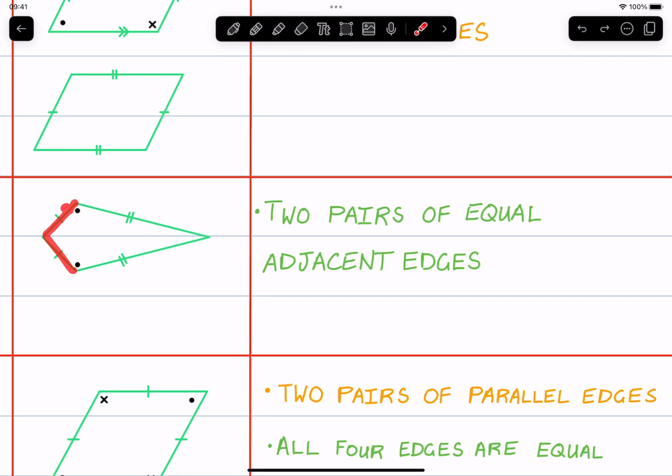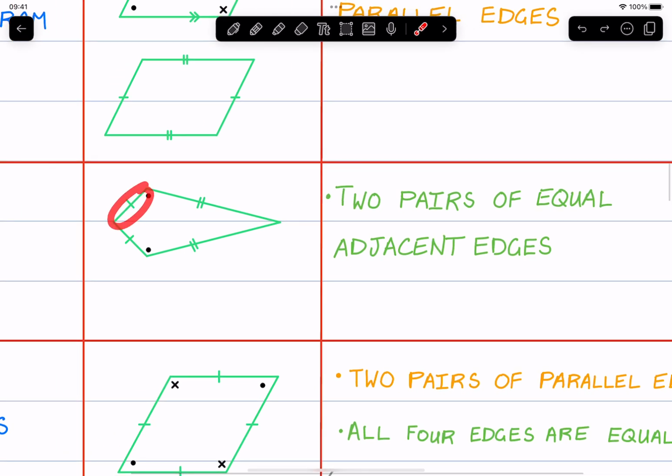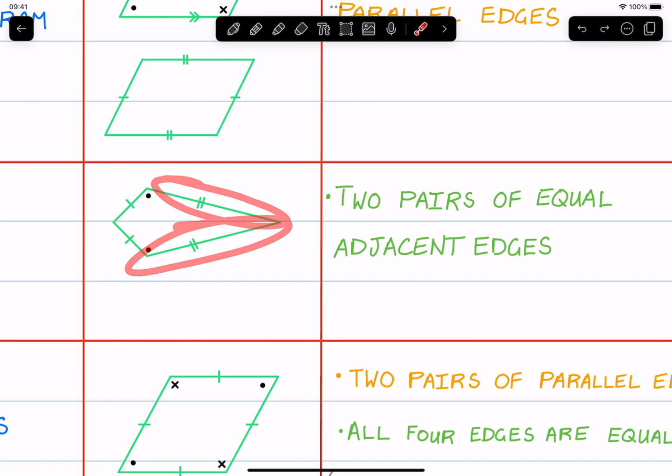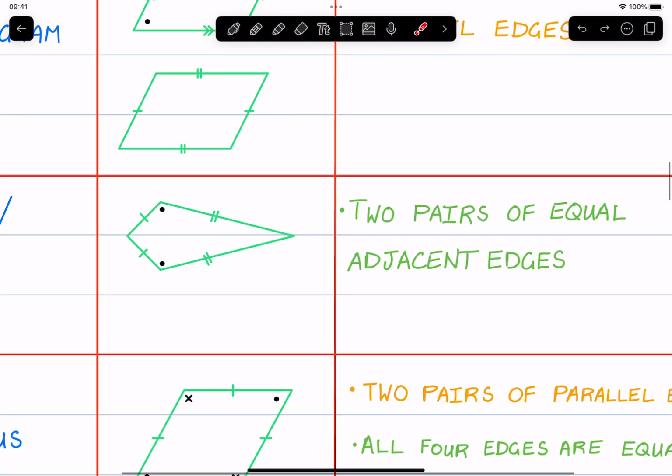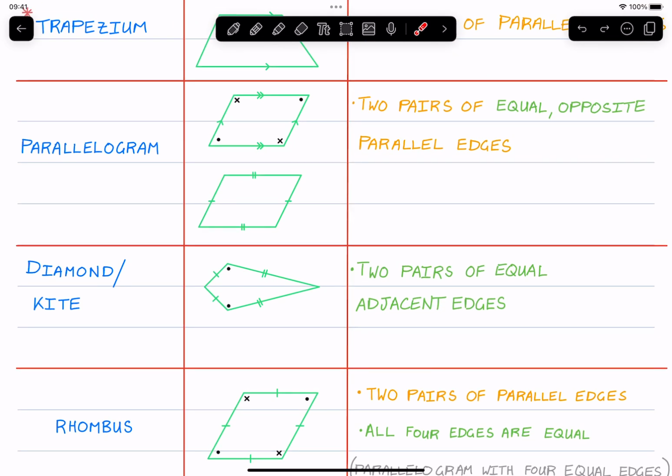So these have to be equal adjacent edges. There are two of them. Here's one pair, and here's another pair. So there are two pairs of equal adjacent edges. And this also has a special angle relationship in that these two particular angles are equal to one another. Okay, let's keep going.